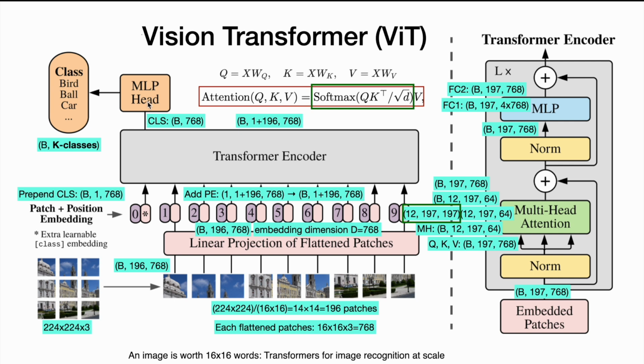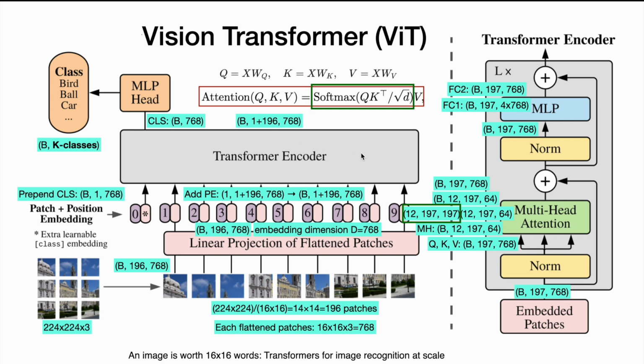Then we feed this CLS token through a multi-layer perceptron. And depending on the number of classes we want, we can project this from the embedding space to the class space to do the classification task.